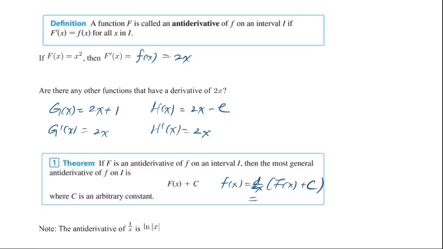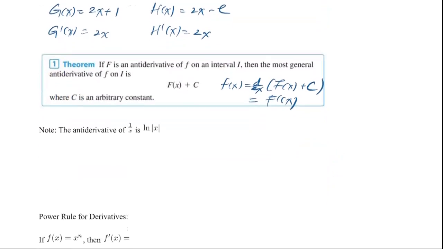When you take the derivative of that, that's f prime of x. So you could have the c here, any kind of number, and that would give you a legitimate antiderivative of small f of x. Okay, so c is an arbitrary constant.